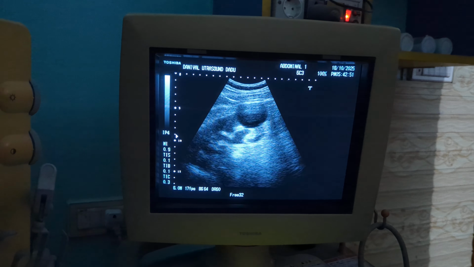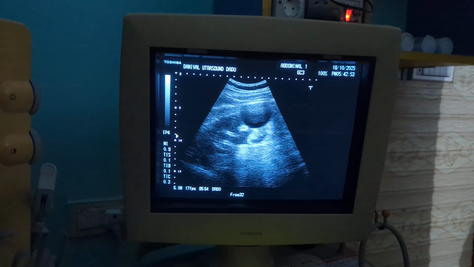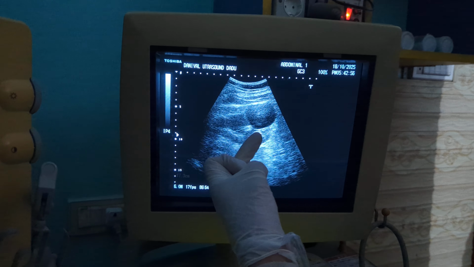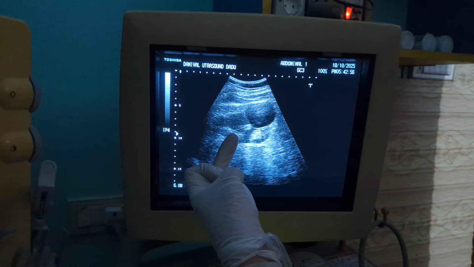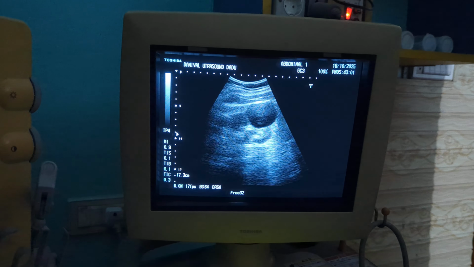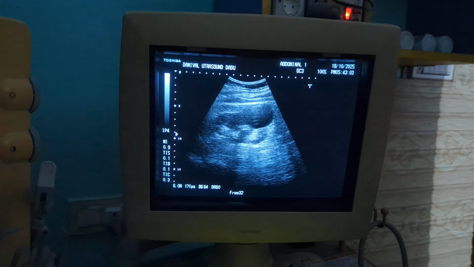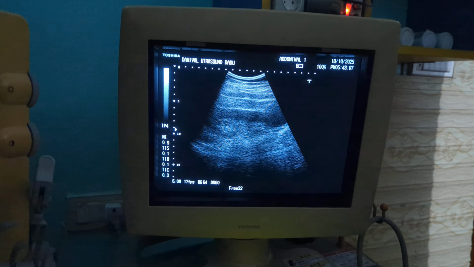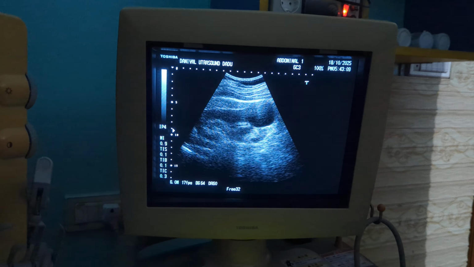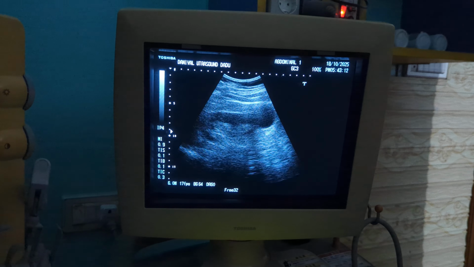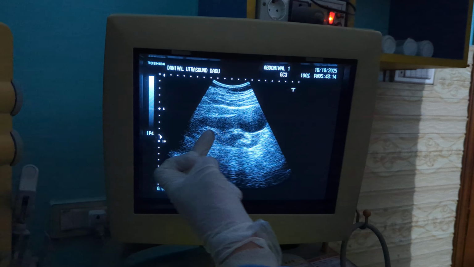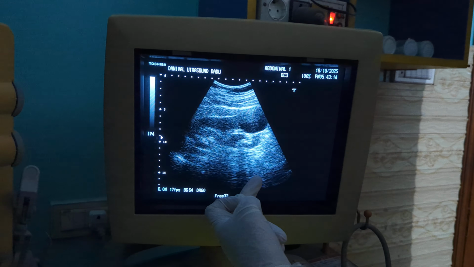You see, in real time these are calyces which lead us to the renal pelvis. This is the one method which leads us to the renal pelvis here.